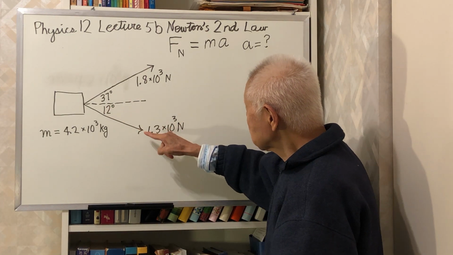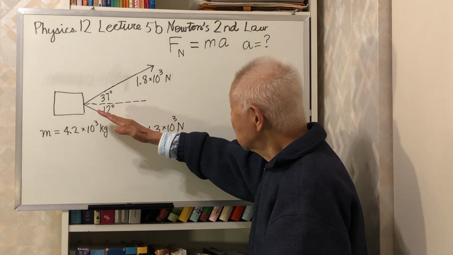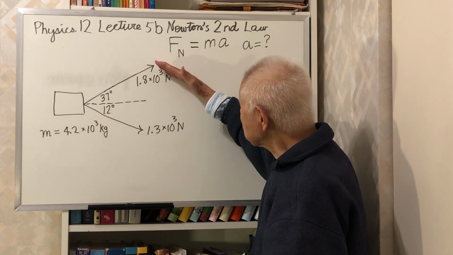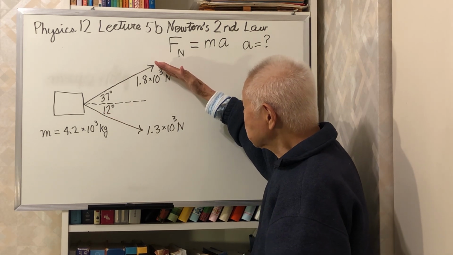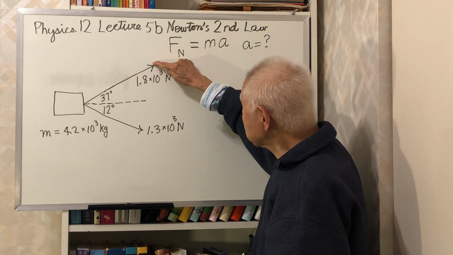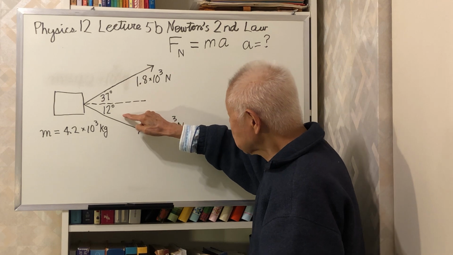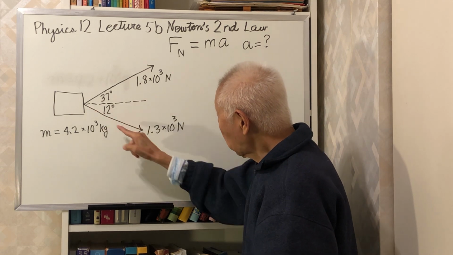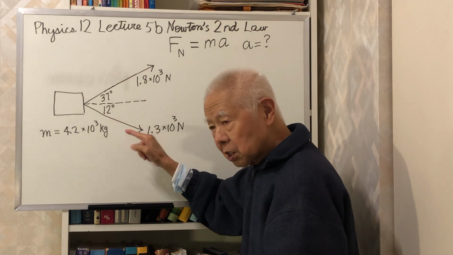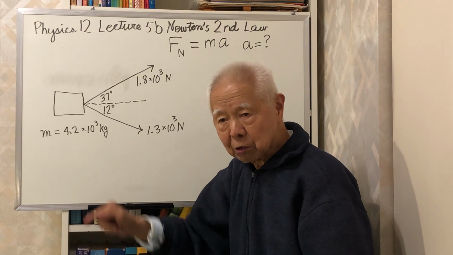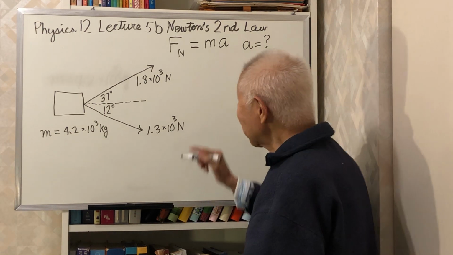Move this vector to this position such that the head of the first vector touches the tail of the second vector. It's head to tail. So let's do that.